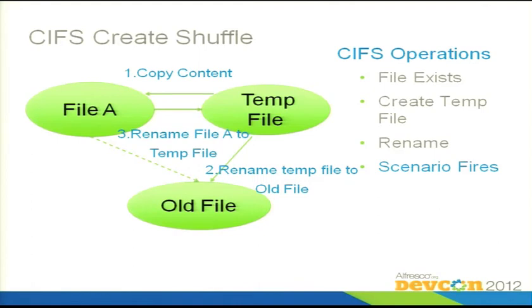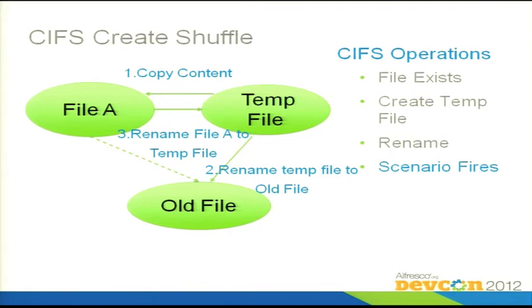If you remember, CIFS is only interested in content. It's not interested in metadata or file refs. So we copy just the content from the temp file into file A. And instead of renaming this file down here, we rename that file down there. So this is just sleight of hand. Then we put file A, instead of being down here, over here, and we do that as one transaction.